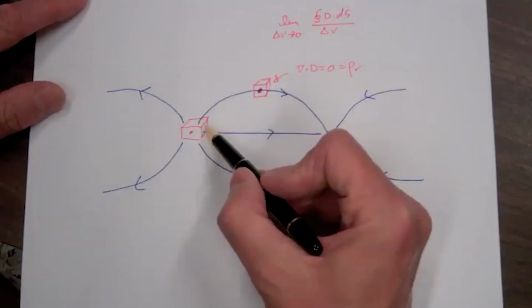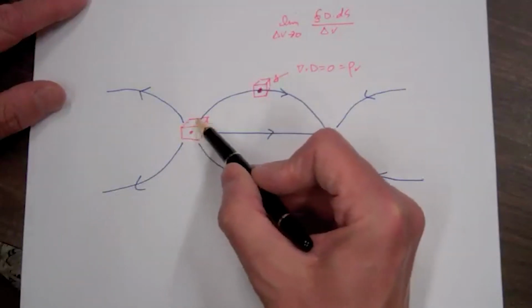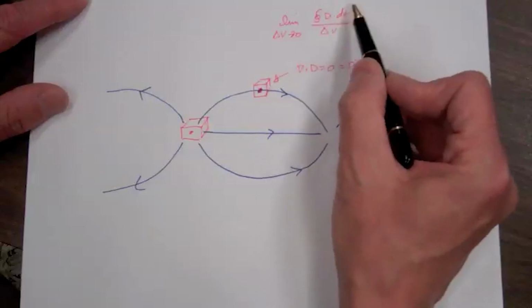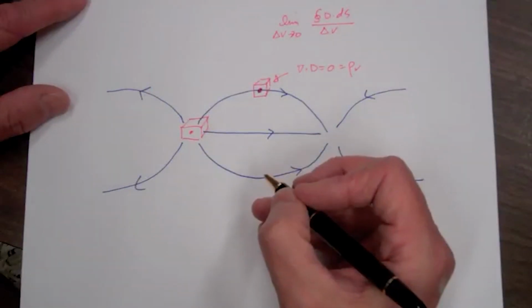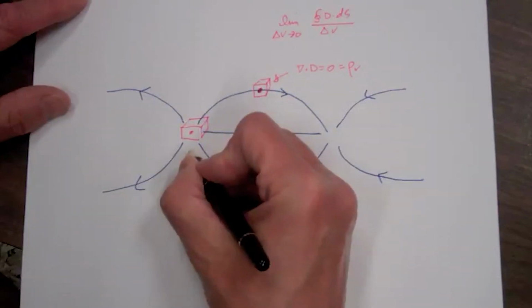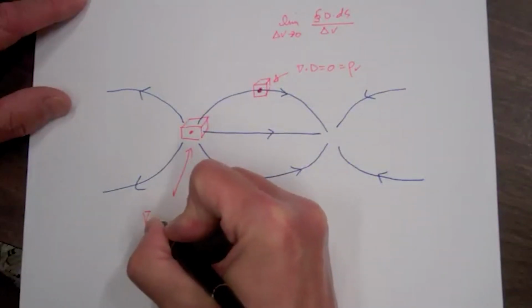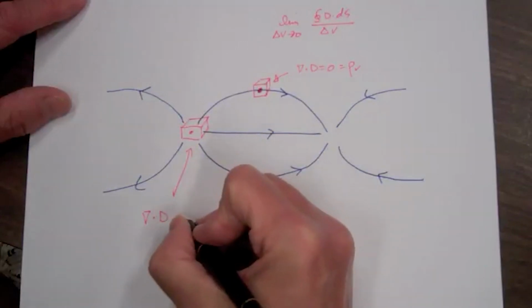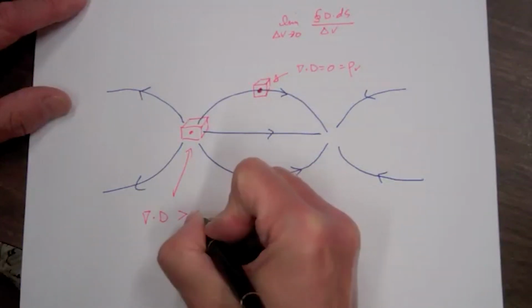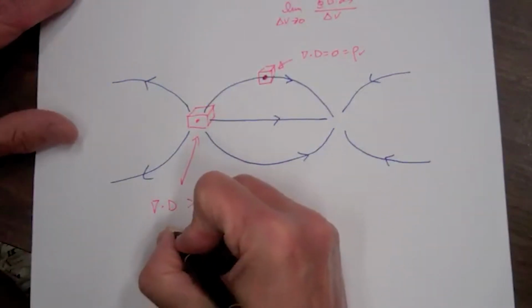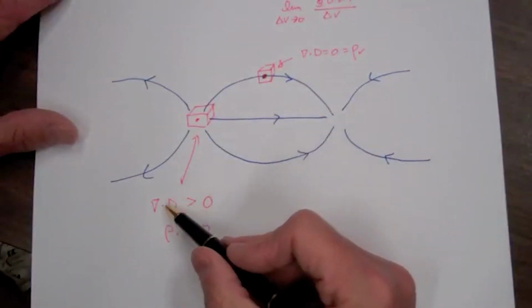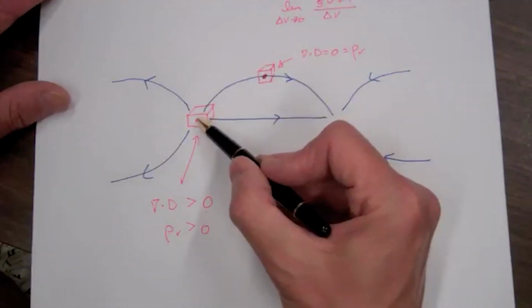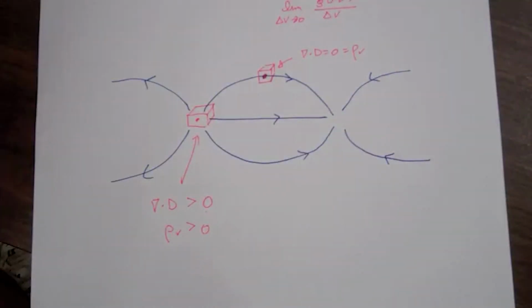Well, everywhere on the surface here, flux is leaving the volume, so the integral of D dot dS around that volume is going to be positive. So the divergence at that point is going to be greater than 0. So the charge density is greater than 0 at that point. So the positive divergence tells us there's positive charge at that point.